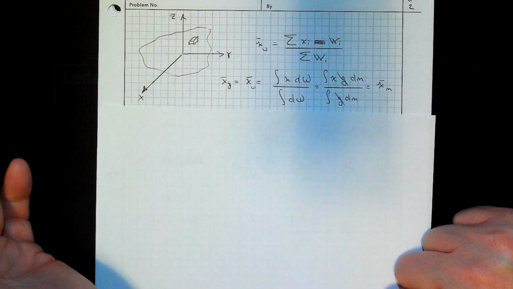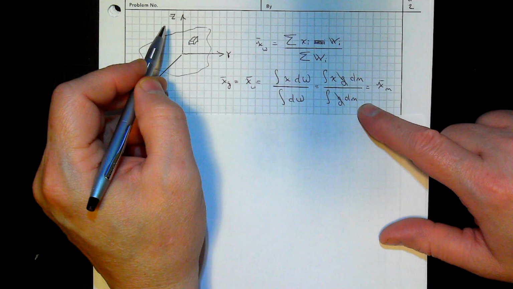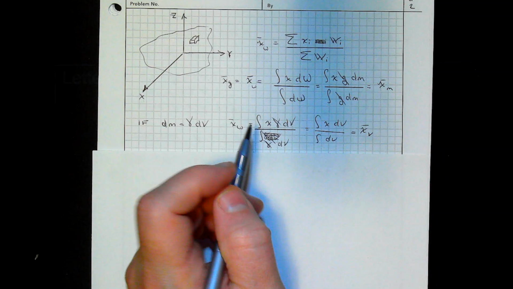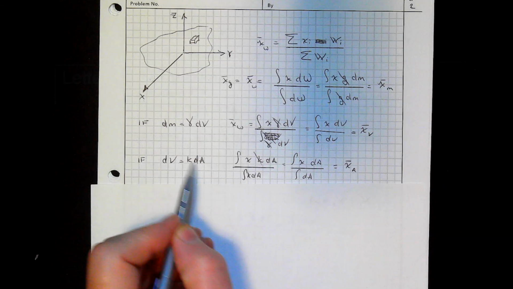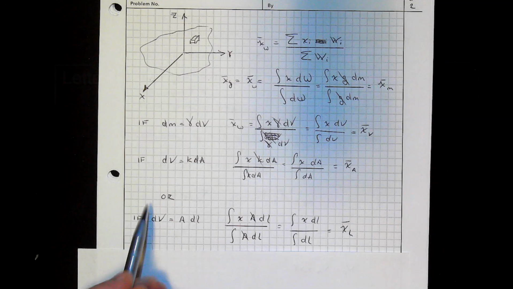I'm calling this part 1, this is part 2, and I'm going to call the part that was cut out part 3. So it's a big rectangle plus this box minus this cutout. Minus means I'm cutting material away.